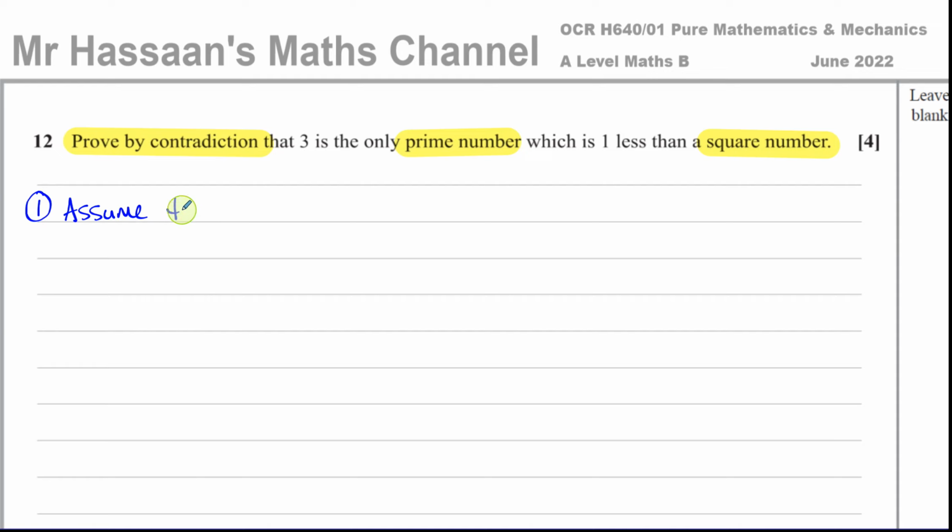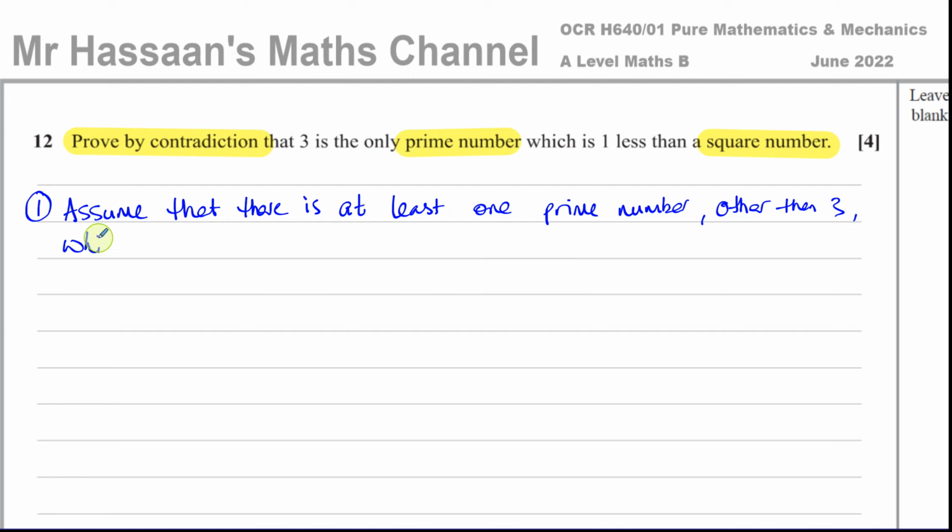So let's assume that there is at least one prime number other than 3 which is 1 less than a square number.